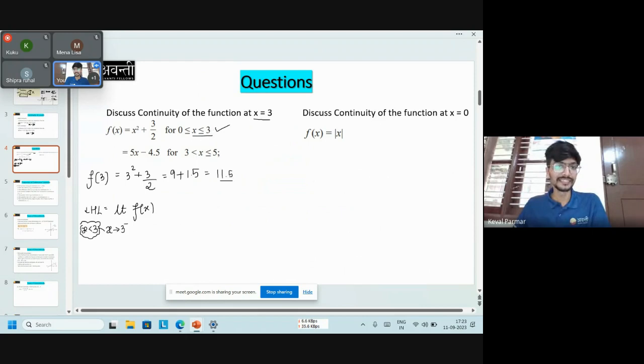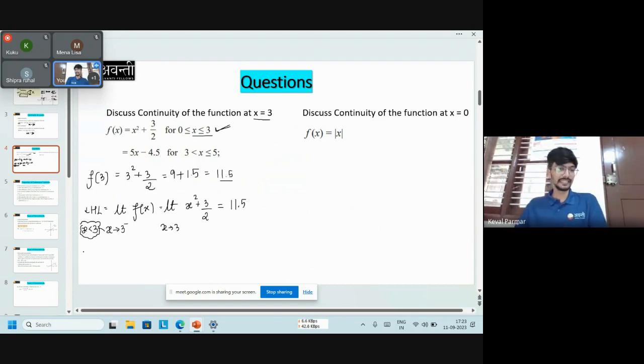This one. Here it is x less than 3. So limit x tends to 3, x square plus 3 by 2. There is no indeterminate form. So we directly substitute 3 in place of x. And if you see, we will get the same 11.5.